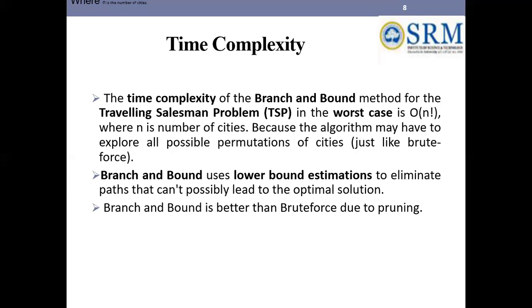So branch and bound uses lower bound estimations to eliminate paths that cannot lead to an optimal solution. So the time complexity in the worst case is order of n factorial. For n cities, it is n minus 1 into n minus 2 like that, so we are getting n factorial.